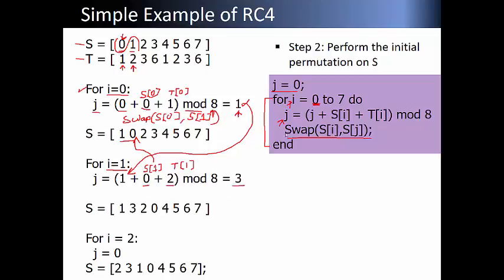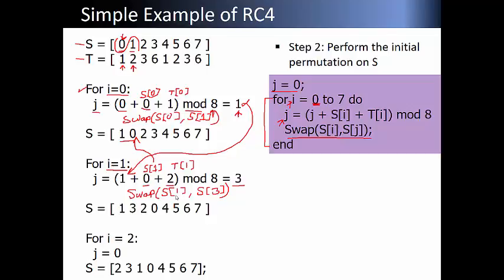So we have to swap S of 1 and S of j, which is 3. So what is S?